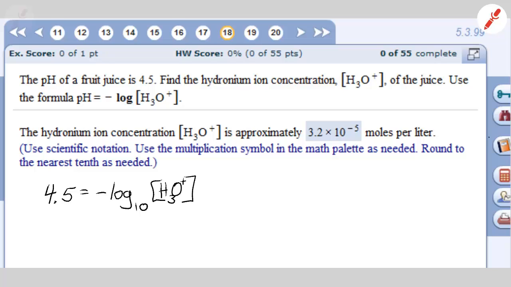Okay, now let's change that negative sign to a -1. That way it can operate on its own. So we'll have 4.5 equals -1 times log base 10 of the hydronium ion concentration.